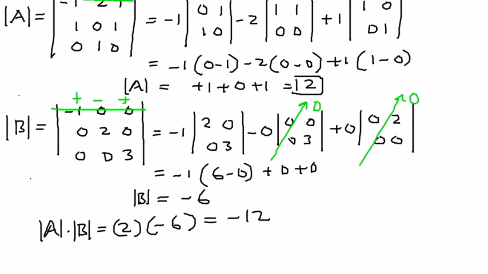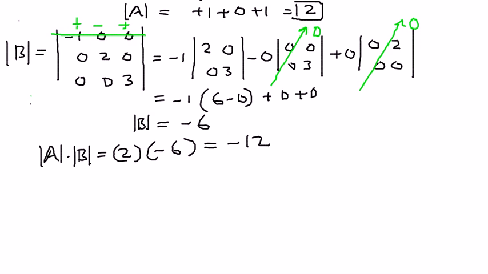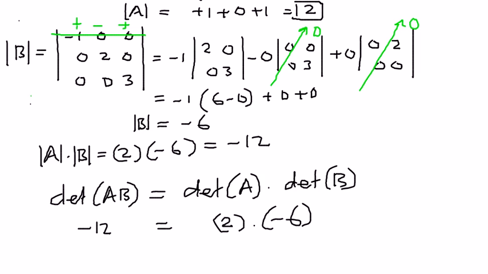If you go back here, determinant of AB was equal to negative 12, and therefore we have proved this first property one more time, saying that the determinant of AB is equal to determinant of A times the determinant of B. The determinant of AB, we showed that it was equal to negative 12, and the determinant of A was 2, and the determinant of B was negative 6, and therefore when we multiply this out, 2 times negative 6 is negative 12.